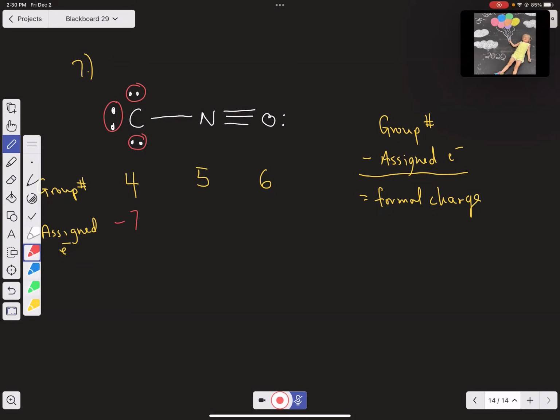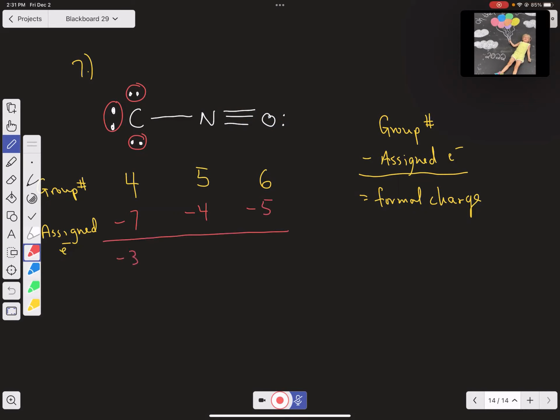If we take a look at nitrogen, I'm going to have 1 electron, 2, 3, 4 electrons assigned there. And then if we look at oxygen, oxygen is group 6. And for oxygen, I'm going to have 1, 2, 3, 4, 5 electrons assigned there. So we go through, subtract, right?